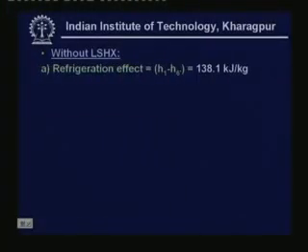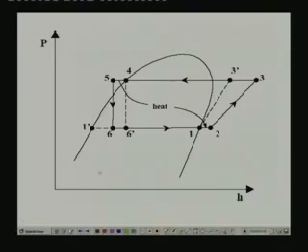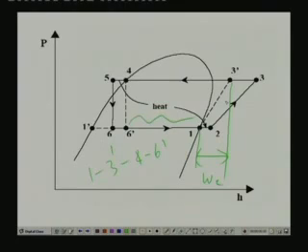So, without the liquid suction heat exchanger, as you know, the cycle I have already told you is 1, 3 dash, 4, 6 dash. The refrigeration effect is now H1 minus H6 dash, and the work of compression is H3 dash minus H1.